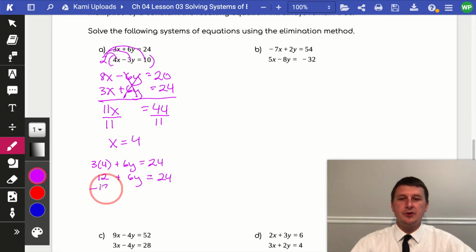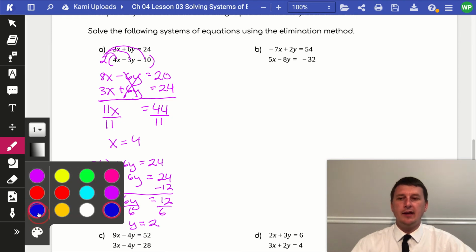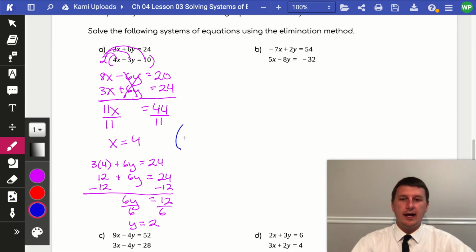Then I will subtract 12 from both sides in order to be left with 6y is equal to 12, which means one more step, and that's divide by 6, and I'll get y is equal to 2. Now that I have an x value and a y value, I have a solution to this system of equations, which is (4, 2), because my x value is 4 and my y value is 2.